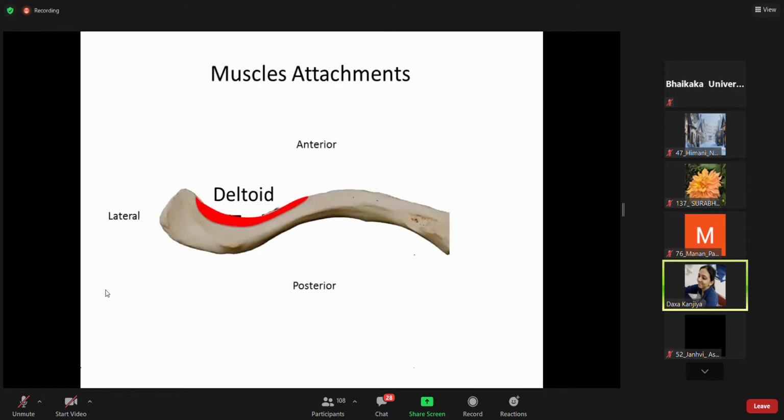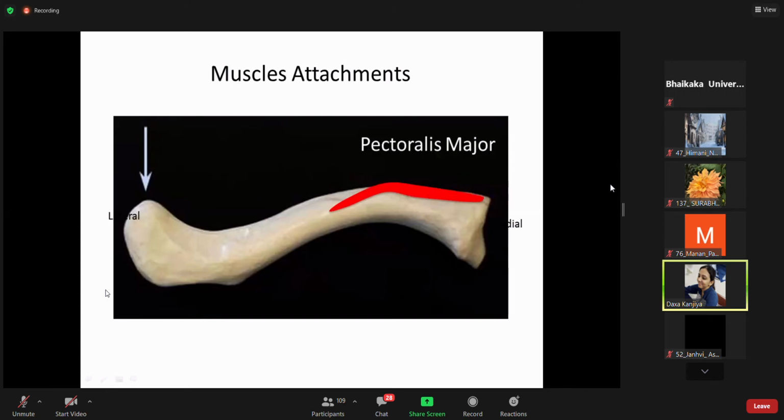So here you can see the attachments of deltoid, attached on the anterior border of the lateral one-third. On the posterior border of the lateral one-third, there is trapezius. Again, on the anterior surface of the medial two-third, origin of pectoralis major.